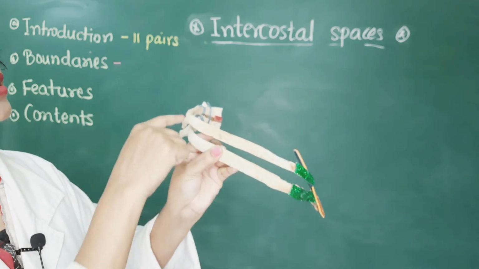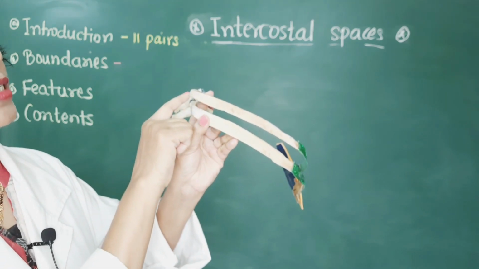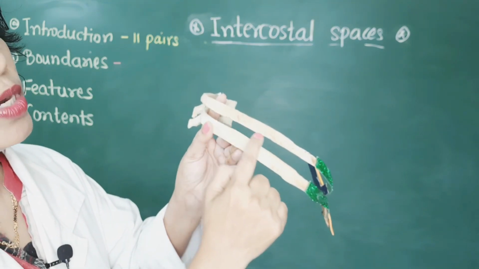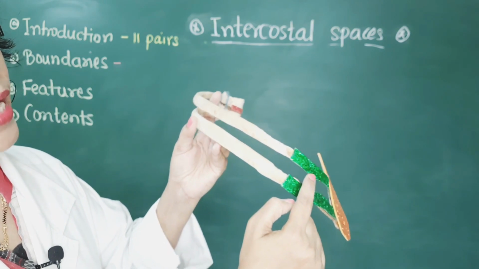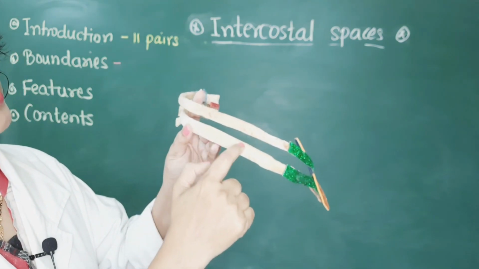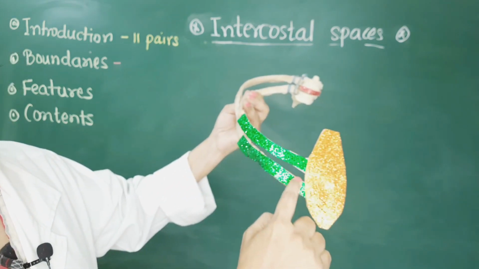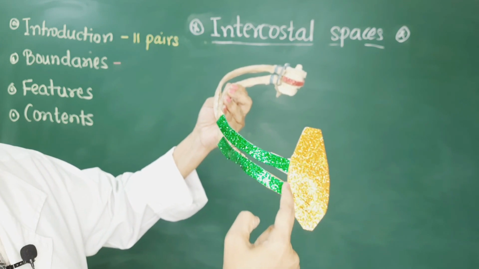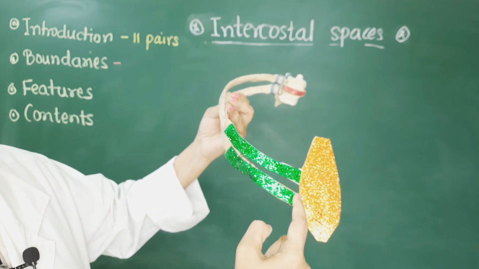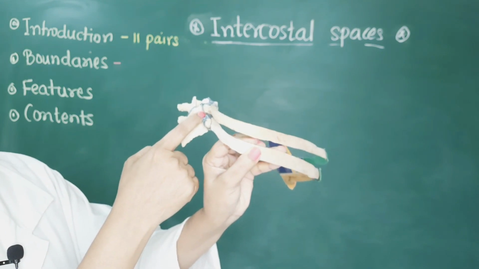This space is called the intercostal space. Now if you see the boundaries, it is bounded above by the lower border of the upper rib and its costal cartilage, while below it is bounded by the upper border of the lower rib and its costal cartilage, anteriorly by the lateral border of the sternum, and posteriorly by the body of the thoracic vertebra.